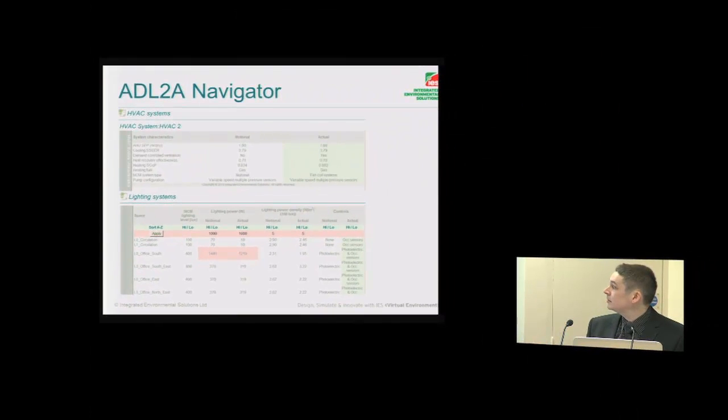Firstly, the lighting parameters set within the 2010 notional building are very efficient and very tough to try and match up with. Also, we tend to find in the design stages, it's an area that perhaps the person performing the assessment doesn't have the full information on. So they perhaps don't have the full watts per metre squared per 100 lux levels. So they'll assume perhaps a fairly conservative estimate.